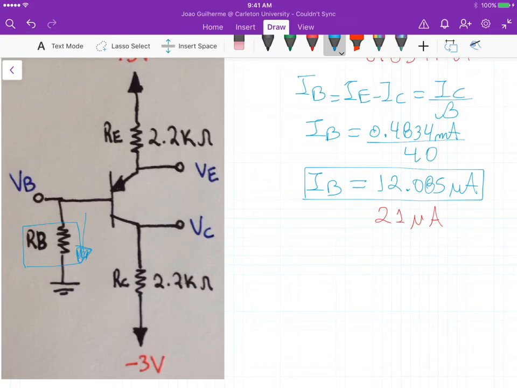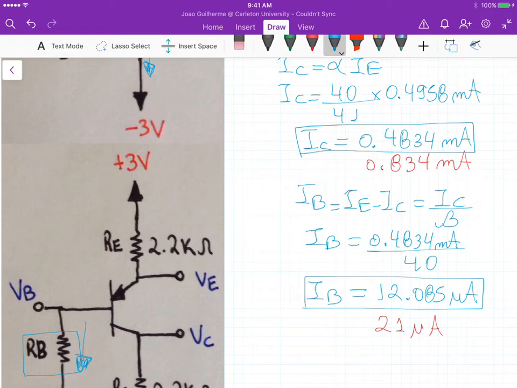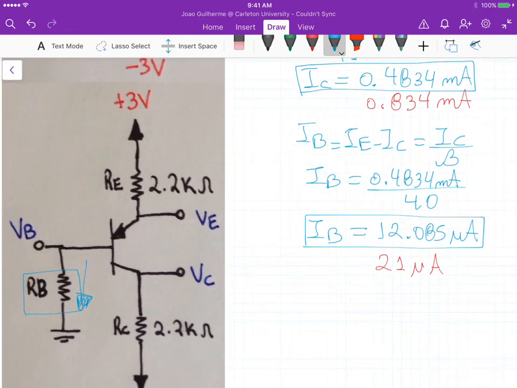And if we are keeping the common emitter current gain constant, the same 40, and we know that the relationship of IB and IE is beta plus 1 times IB, if we reduce the base current right here, we are reducing the current that's flowing through the collector.